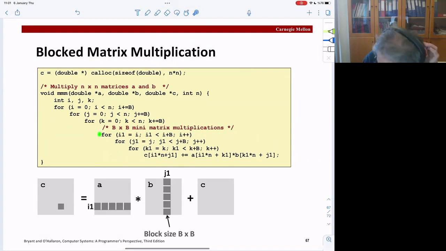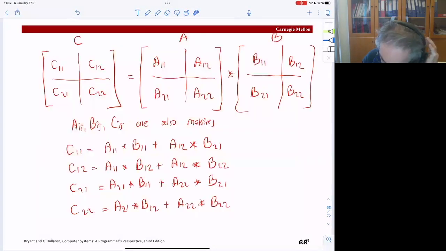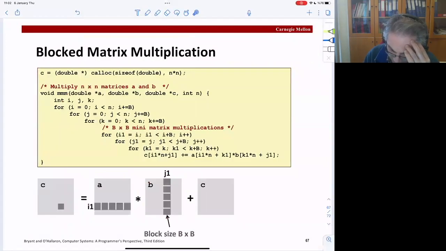So this is the part where I am doing these multiplications. In this case, the indexes are I1, J1, K1. You split into these small blocks of size, say, B by B, and then you just do these block multiplications and then add them in.